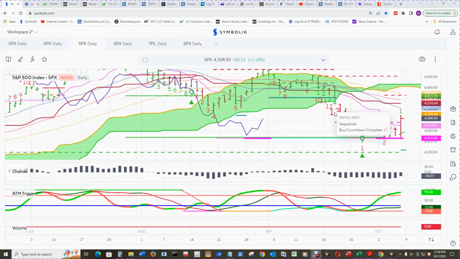And I have to correct myself, this sequential buy countdown 13 has reached the 12 bar metric, and what that really means is there's no upside associated with that anymore. So I've been talking about downside associated with it, and this really went beyond this 13, went down here.